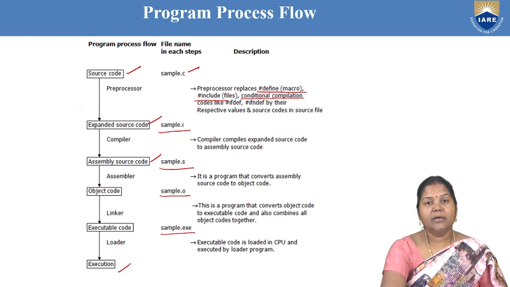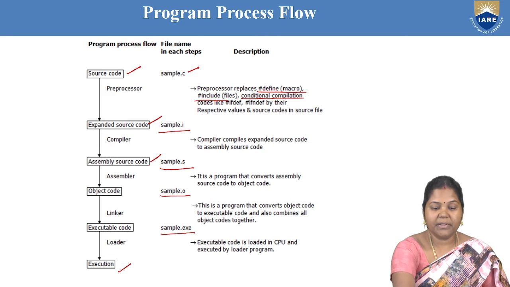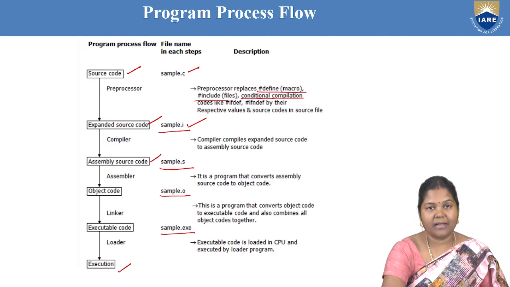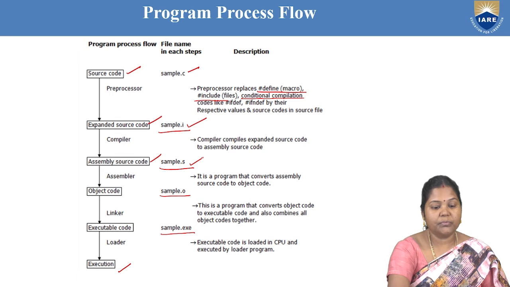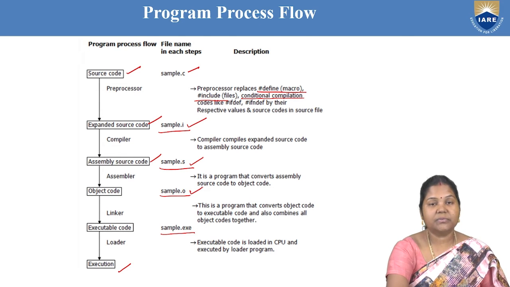So this is the flow that goes on inside whenever you write a .c file, until its execution. There are so many intermediate files that are generated. The sample.c is first pre-processed and you get sample.i, then it is converted into assembly source code, sample.s, then it is converted into sample.o and sample.exe.